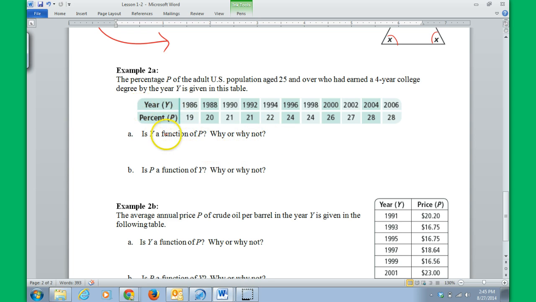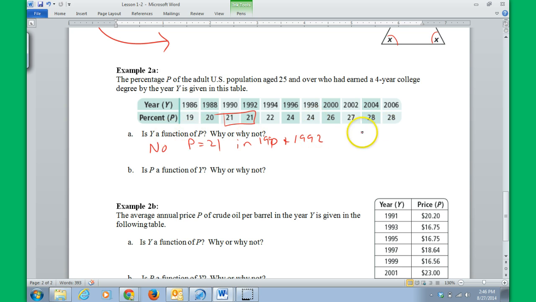So let's look at Y and let's look at P. Are there any repeats of P in here? Yeah, right here. Okay? So this would say no, because P equals 21 in 1990 and 1992.